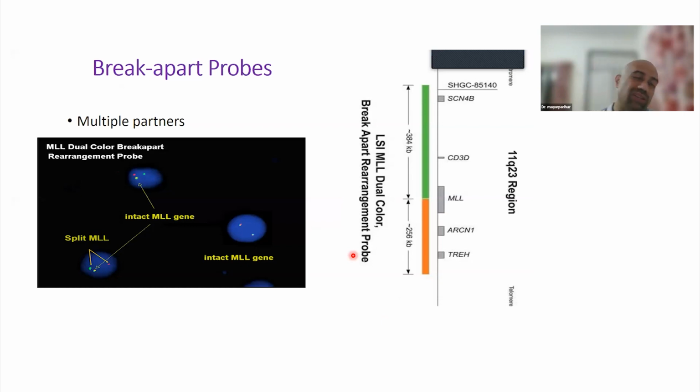There are different designs of probes that can be used. There are genes like MLL, which are very promiscuous genes. They have at least 100 different partners in 110 different translocations. So how do you design probes for them? So what we do is we use break apart probe, wherein the green and the red are together in a normal gene, and the moment there is a translocation, they get separated.